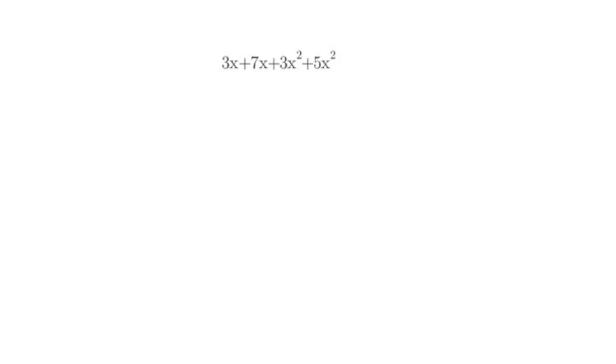Alright, so we're going to start with our example. Whenever I do like terms, I like to highlight the terms in the expression that are actually like. So I read this as 3x plus 7x plus 3x squared plus 5x squared. The like terms in here would be 3x and 7x. 3x is positive as well as 7x.